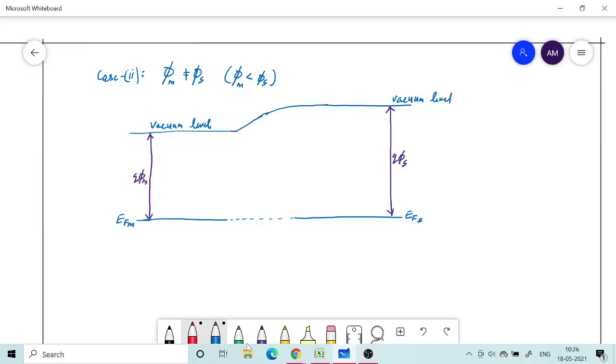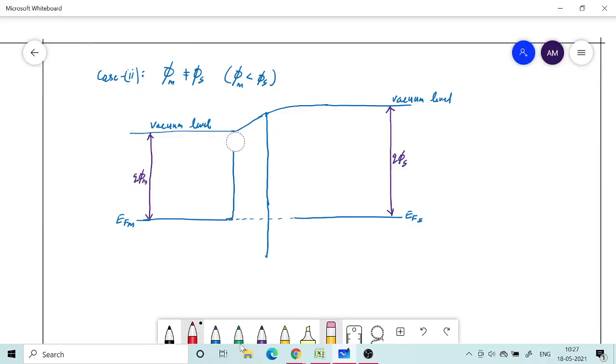Like this. Initially there is a linear bending, so that is basically the oxide region. If we could connect with the previous diagram, let me draw the conduction band like before.